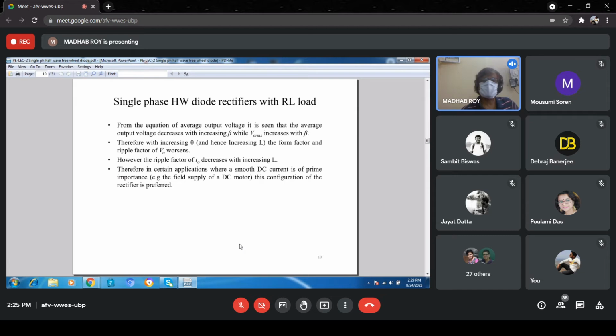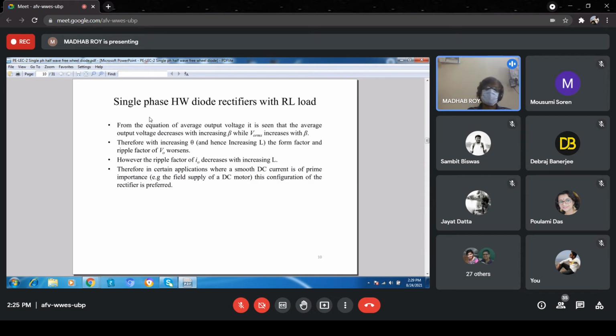Now the conclusion is that from the equation of average output voltage, it is seen that the average output voltage decreases with increasing beta, while the RMS value increases with beta. The average value of the voltage decreases, and you can visualize why, because some part of the load voltage goes negative, as you have seen.